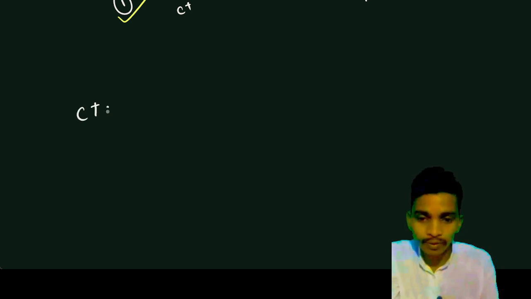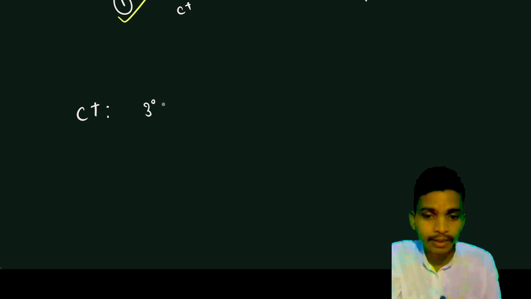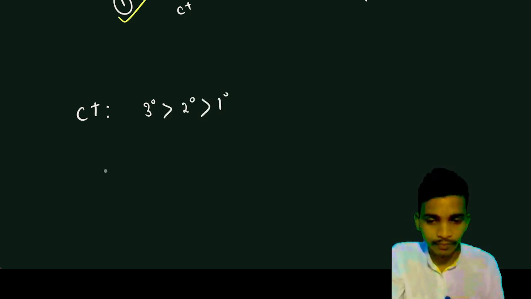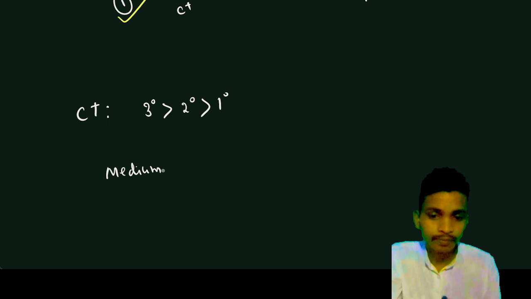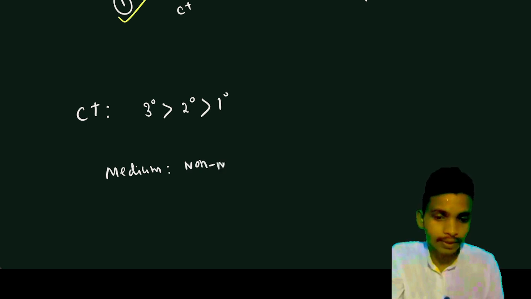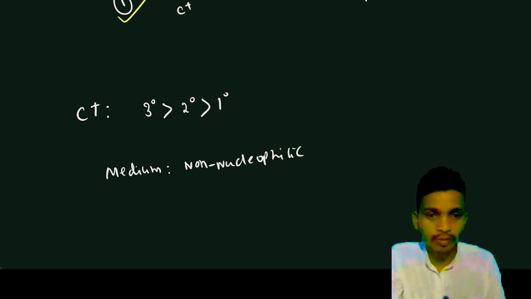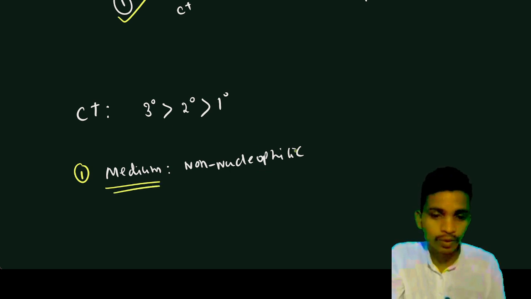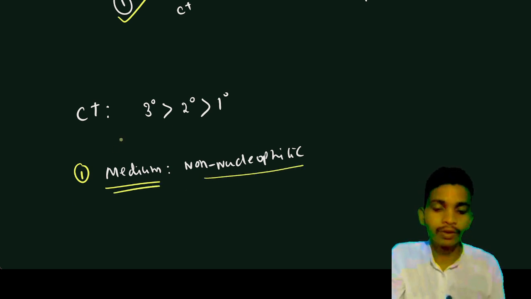See, if you have a carbocation, the stability will be 3 degree, then 2 degree, then 1 degree. Now, the first medium is non-nucleophilic. This is the first point: the medium is non-nucleophilic.